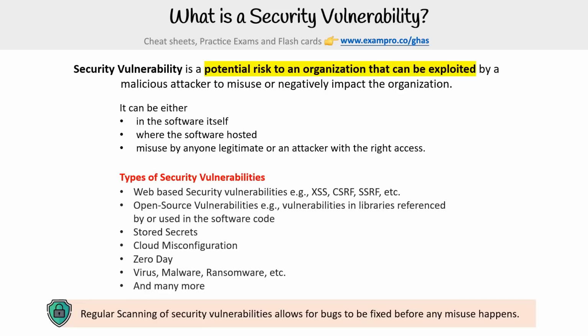The way they would do this would be by exploiting a vulnerability that perhaps exists in the software itself, or where the software is hosted, or it could be a misuse by anyone who's a legitimate user, and potentially an internal threat who just happens to have the right access to the code that they want to maliciously change.